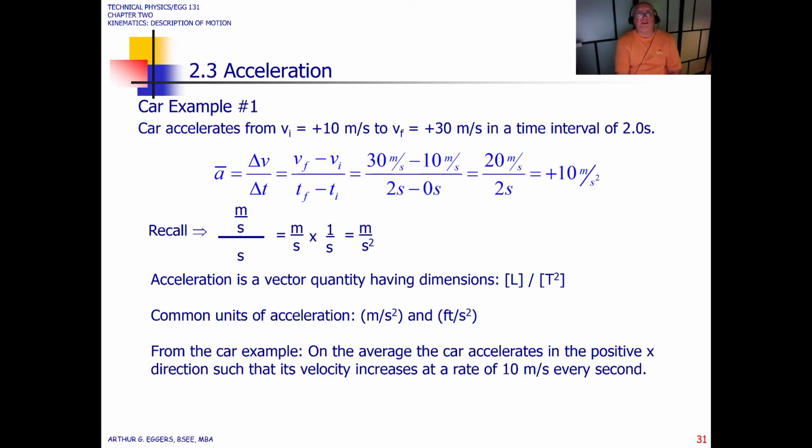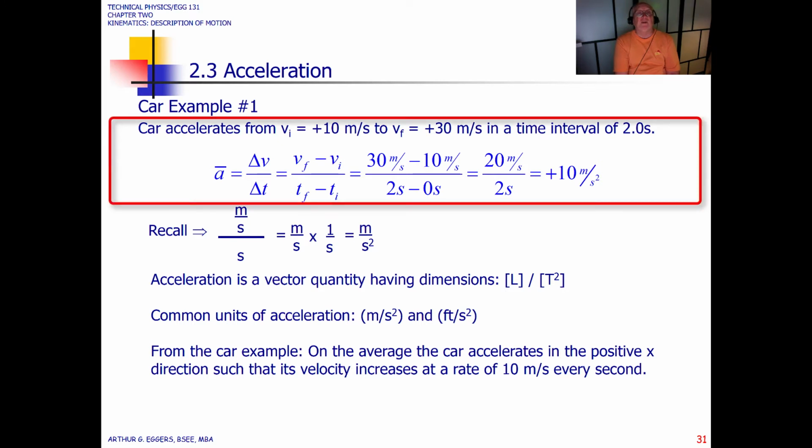So let's go back to an example here. Car example number 1. A car accelerates from its initial velocity of 10 meters per second to a final velocity of 30 meters per second in a time interval of 2 seconds. So now we take what we know here. We have an initial time of 0 and a final time of 2 seconds, and then our two values of velocity, initial and final.